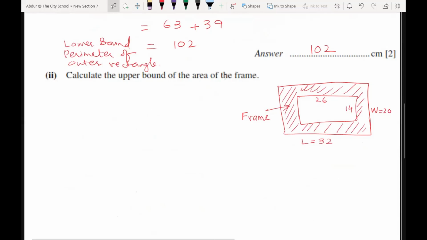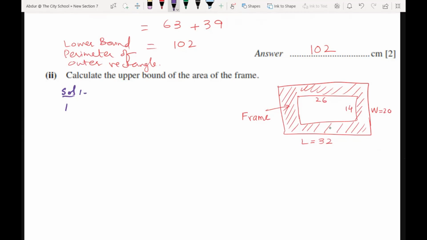Calculate the upper bound of the area of the frame. First, you have to write the simple formula. This is indirect approach because I'm using the formula.